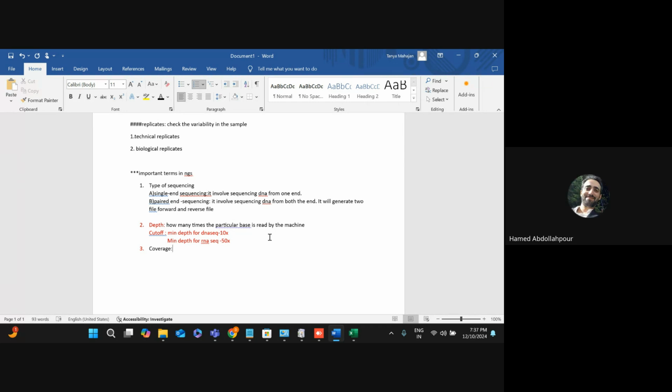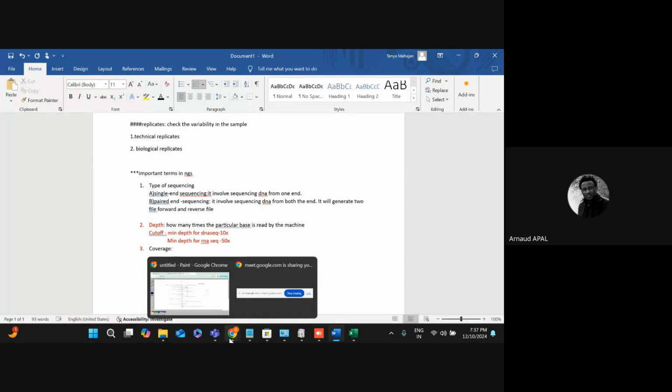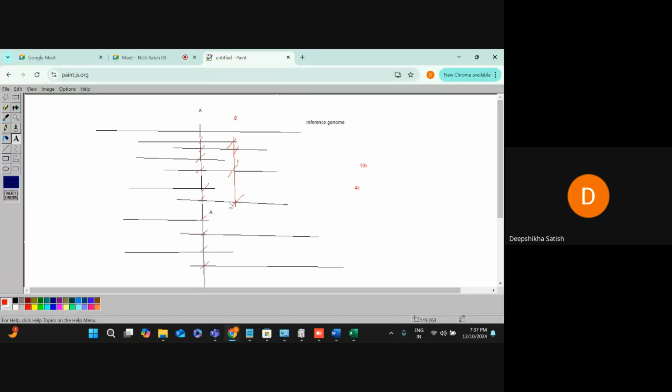Can you please re-explain the depth from where you were talking about cutoff? I did not get it properly. Actually, the depth here means how many times the base was read. So what I'm going to explain is what is 10x here.